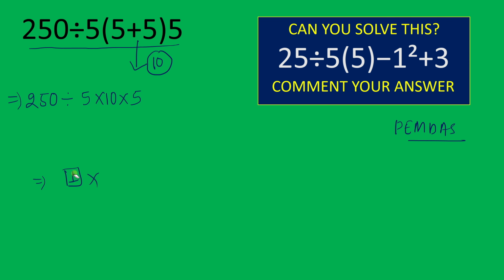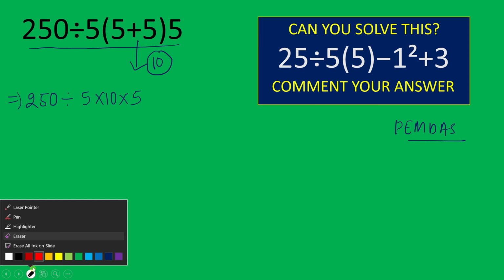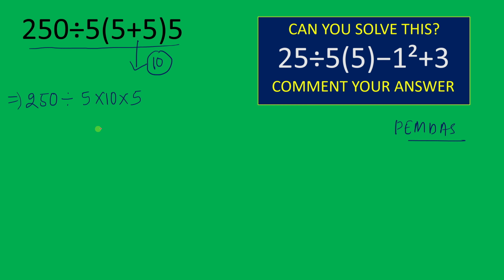I will explain here. As we know, all the operations here are multiplication and division, and if there are only multiplication and division, then we have to solve left to right for the order of operations. According to that, first we have to solve the division part, which is 250 divided by 5, giving the result 50.